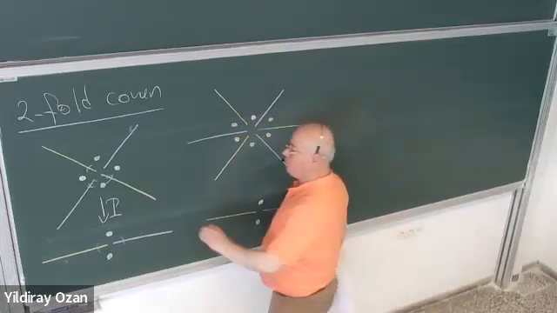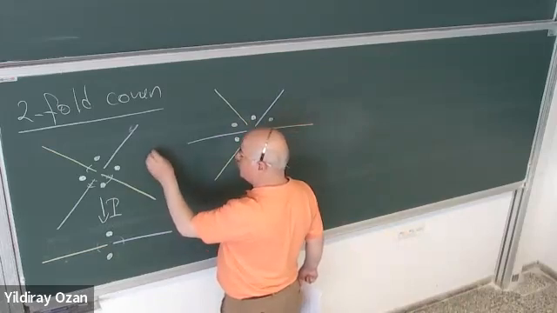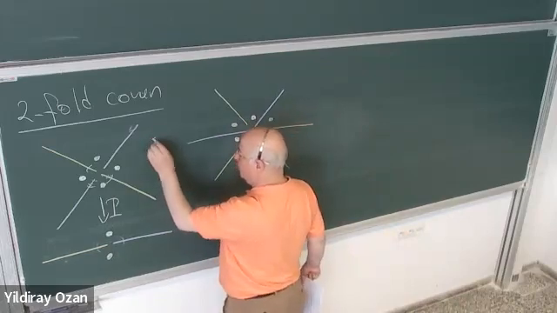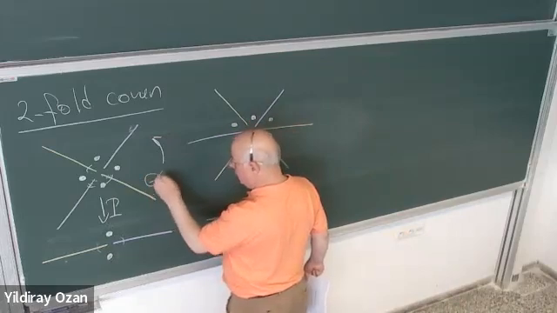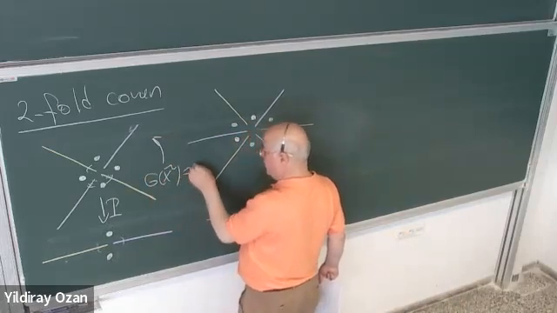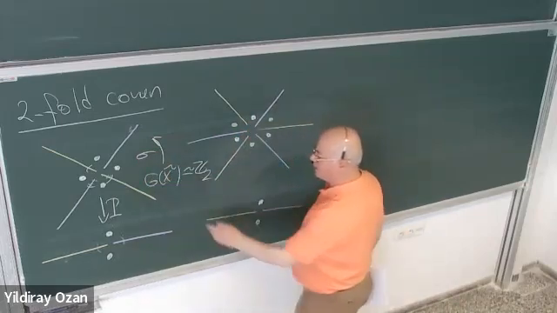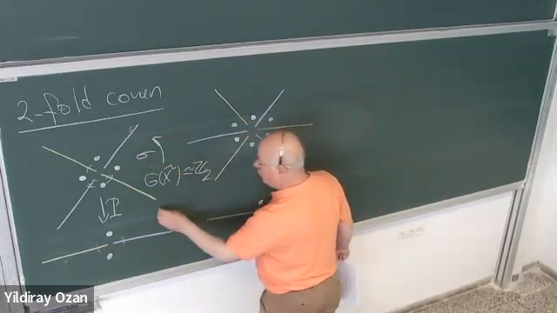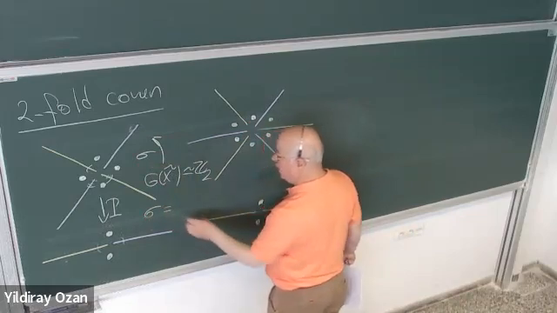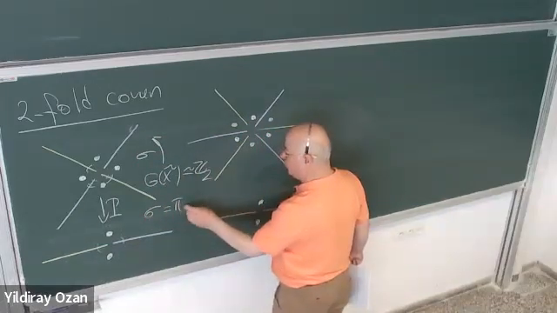Here, what is the deck transformation group? Here it is Z2, and it is generated by, say, sigma. Sigma is just a 180-degree rotation, pi radian rotation.